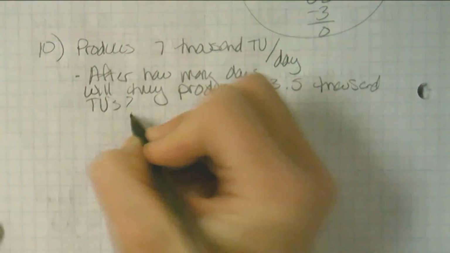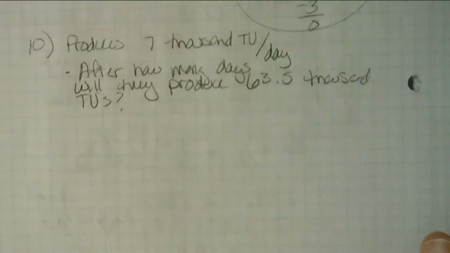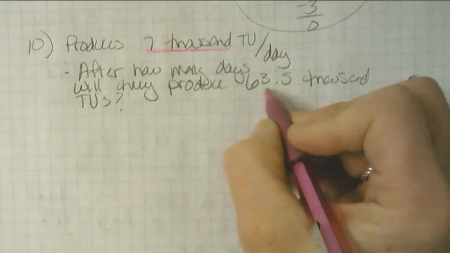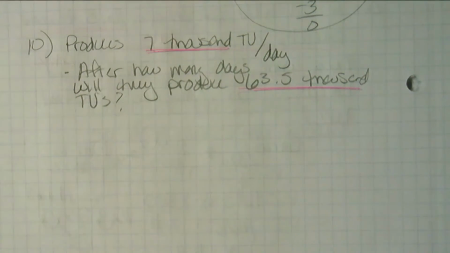Jacob, sit up and pay attention to what I'm doing. All right, if you notice, it is 7,000, 63.5 thousand. I'm not changing those to 7000 and 63,500. I'm not doing that. All right, I'm leaving them just as they are.